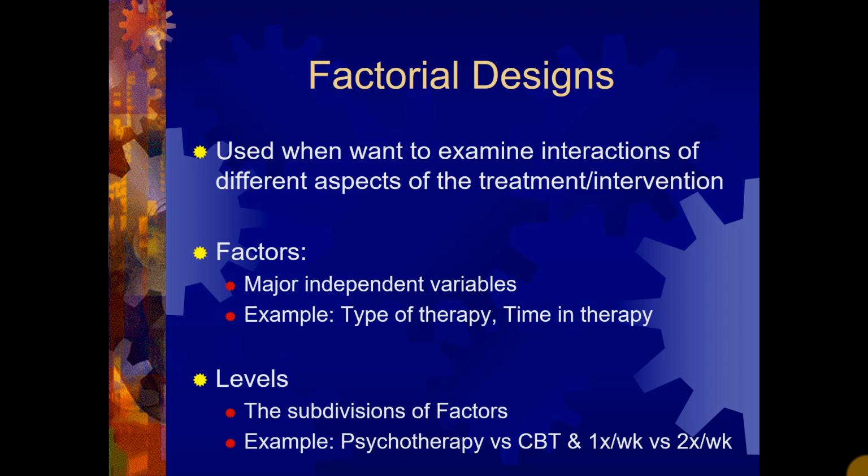For example, for type of therapy, we might be comparing psychotherapy with CBT. Time in therapy, we might be comparing once a week versus twice a week. So think of these as the independent variables, and then these as the categories. The levels are the categories of the factors or of the variables.